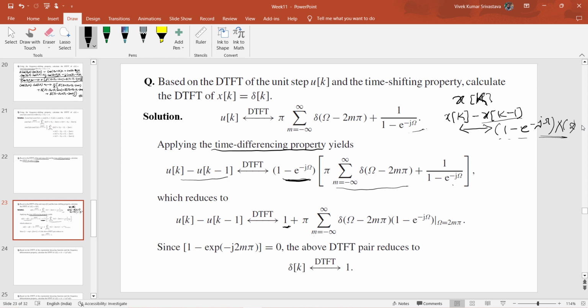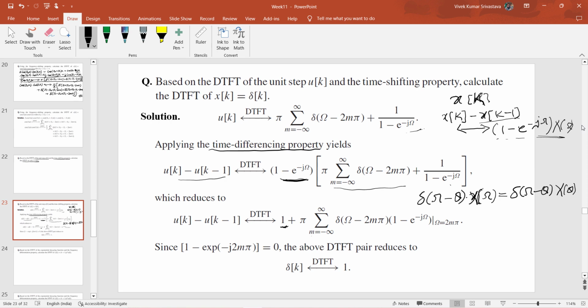Now we will use the same property, that delta of rho minus theta into X of rho is equal to delta of rho minus theta into X of theta.